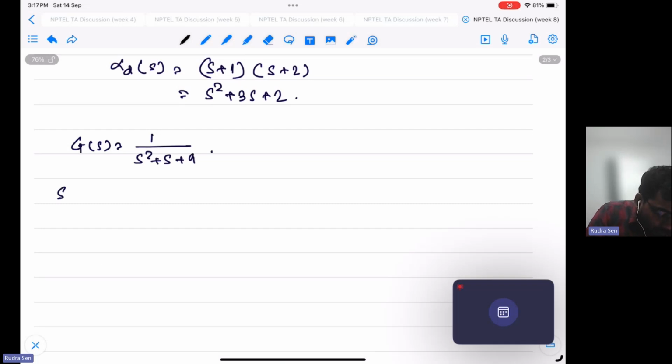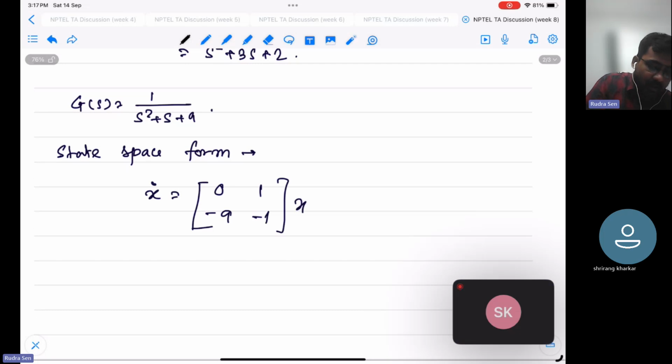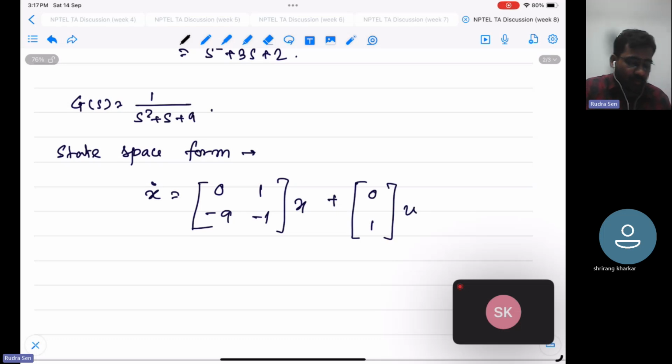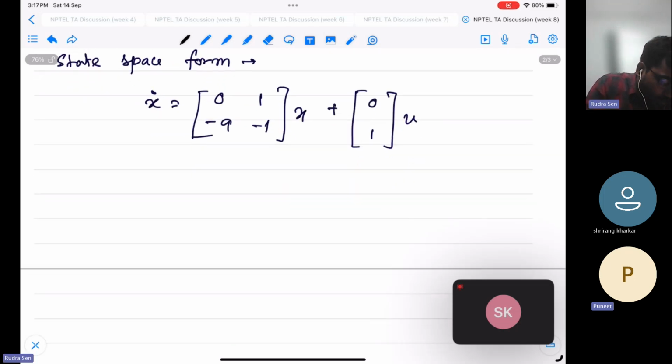Therefore, the state space form becomes x dot equals companion form, which should be [0 1; -9 -1] x plus [0; 1] u. I'm not going to write the C part because we are not required over here. So we have B equals [0; 1].